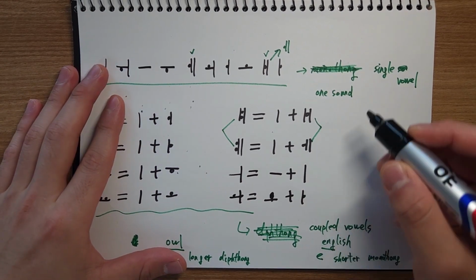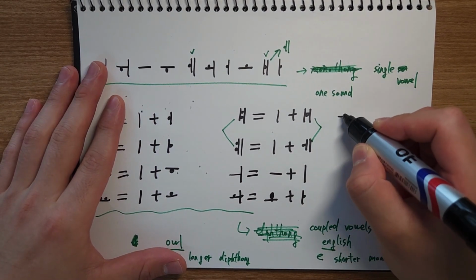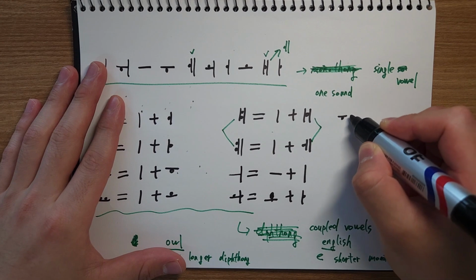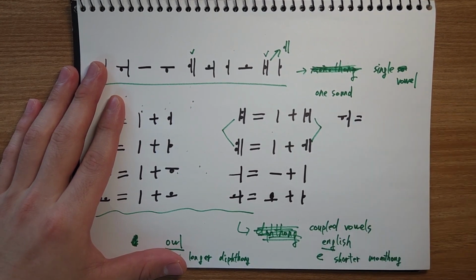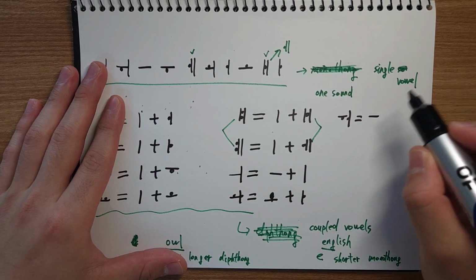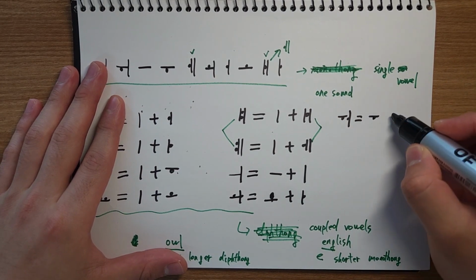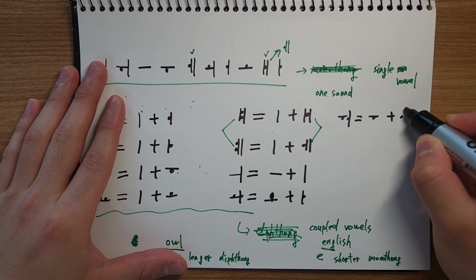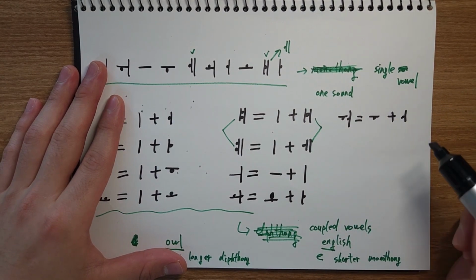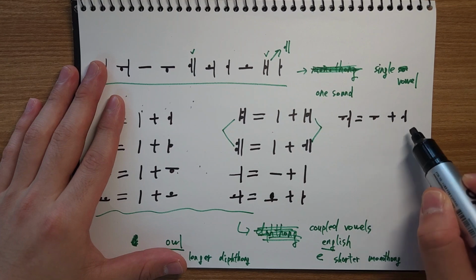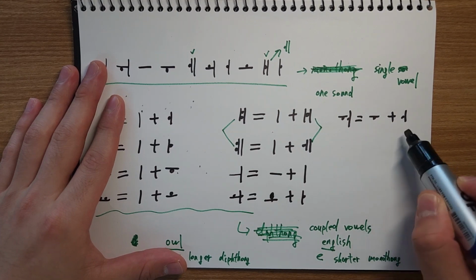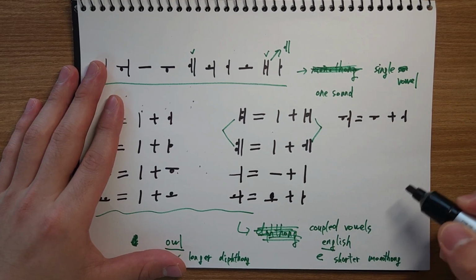And there is wo, which is a combination of u sound and o sound. Wo is u plus o. U, o, u, o, wo.